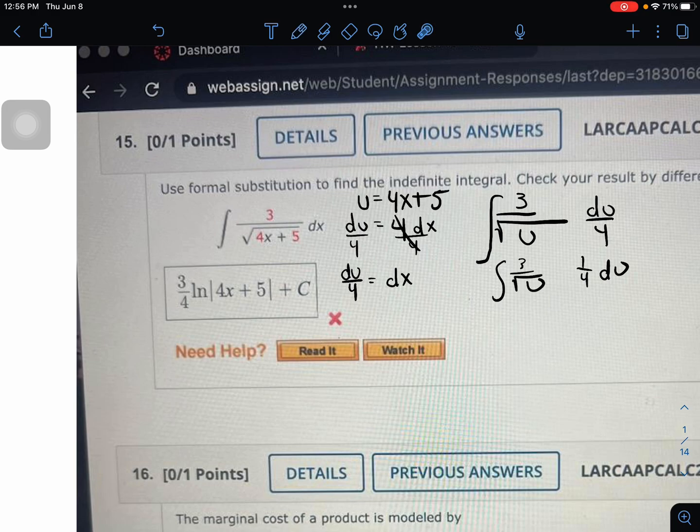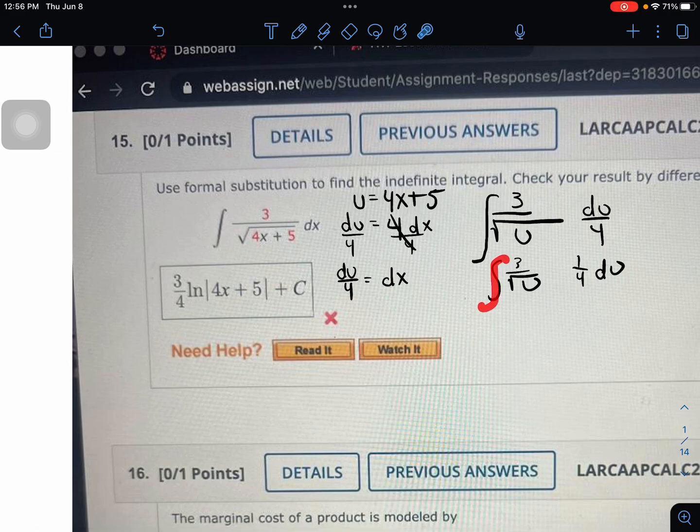The reason I did that is because whenever you're taking the integral, you can always pull outside of the integral any number. So I can pull this 3 outside, and I can pull this 1/4 outside. So I'm going to pull both of those out. I'm going to pull the 3 outside of the integral, so I'm going to have a 3, times, I'm going to pull the 1/4 outside of the integral. So 3 times 1/4, integral of, no longer is a 3 on the top because I just pulled it outside.